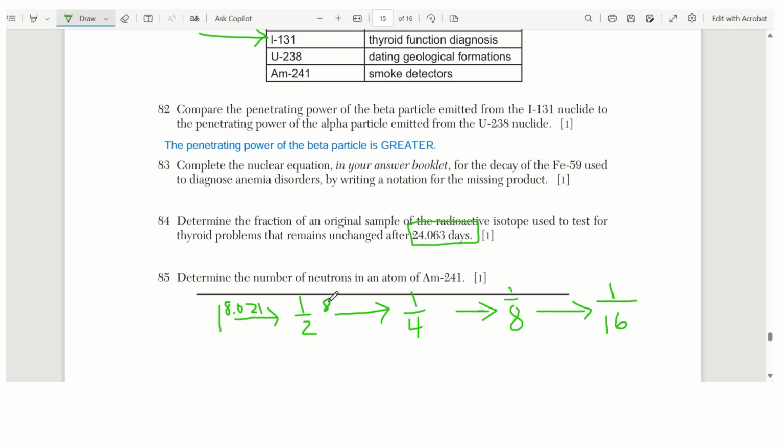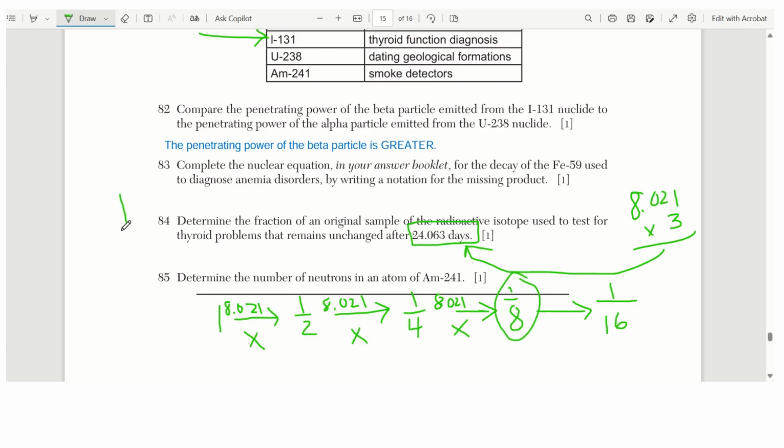So this also took 8.021 days, and this took another 8.021 days. Aha! That's enough. So 8.021 times 3 is going to give me this. So that means this half-life happened, this half-life happened, and this half-life happened. So what fraction remains? 1/8.